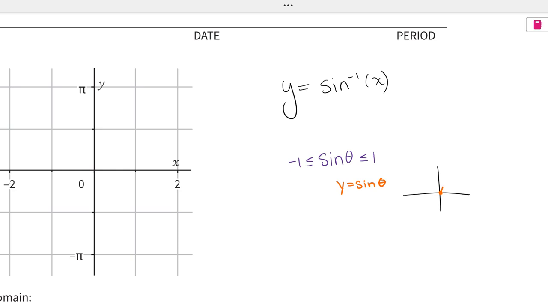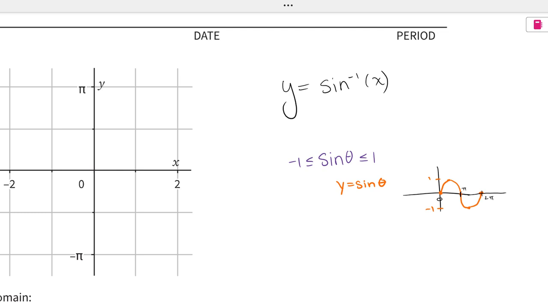So that starts at the midline. We go up to 1, come back down to 0, go down to -1, and we come back to 0. That's just one period of sine of theta. So 0, pi, and 2 pi, right? So that's a sketch of it.